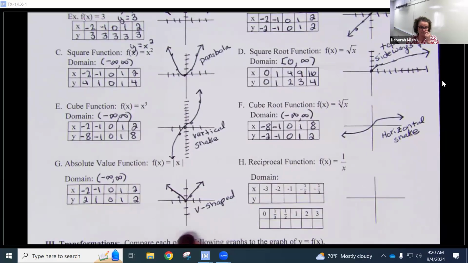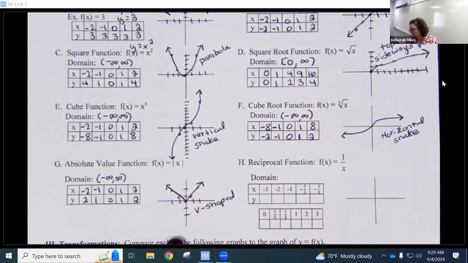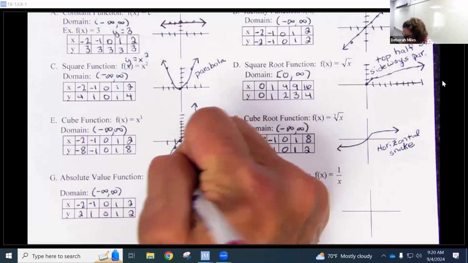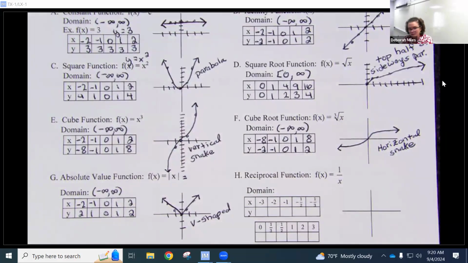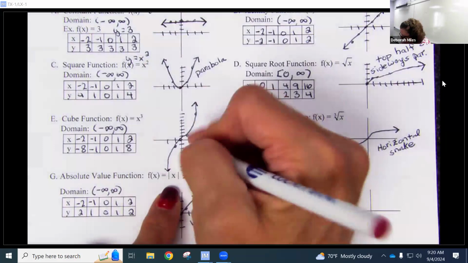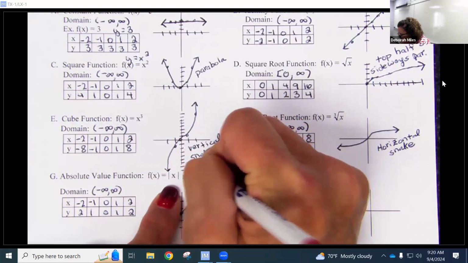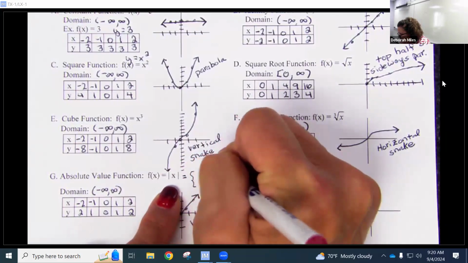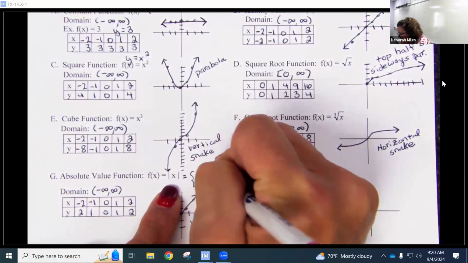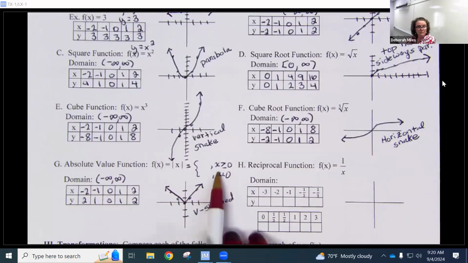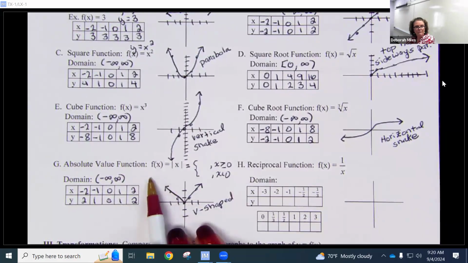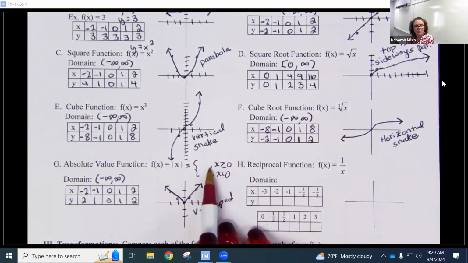The official definition of absolute value of x is a piecewise function, and we talked about piecewise functions. The two pieces of this graph are x is greater than or equal to 0 and x is less than 0. That's the domain of the absolute value function, all the 0 and positive numbers, all the negative numbers.